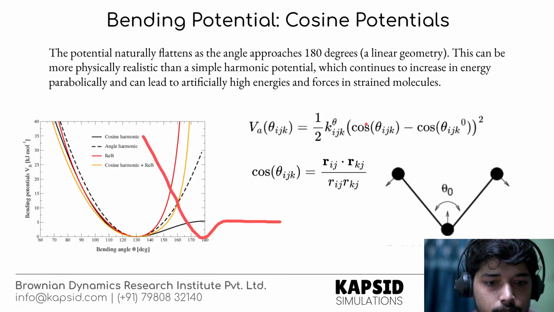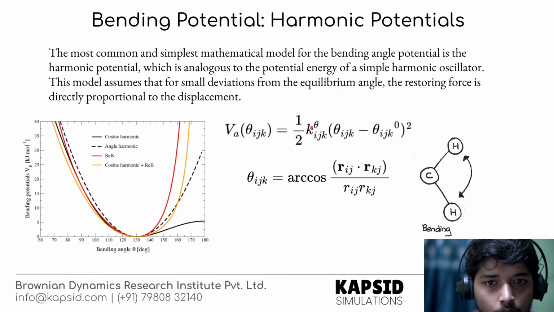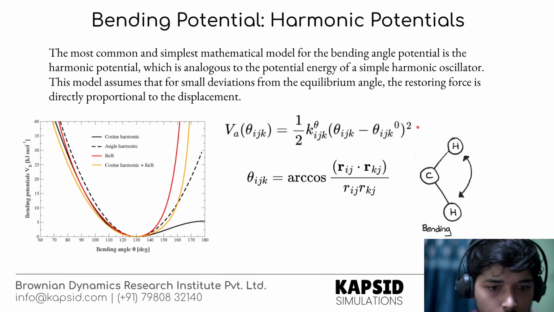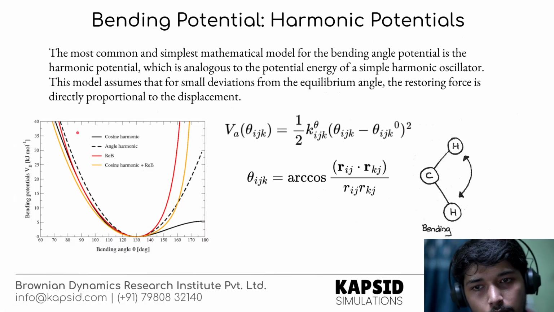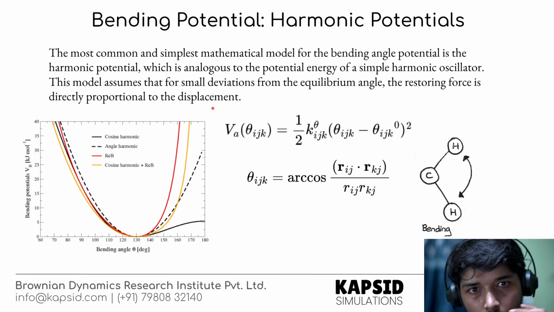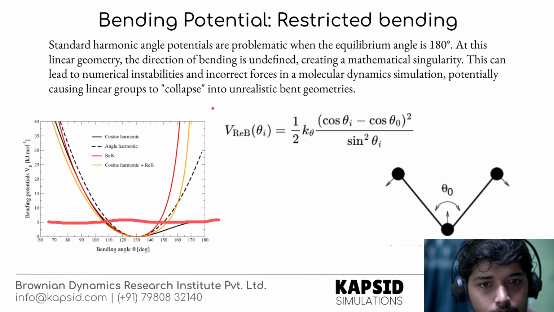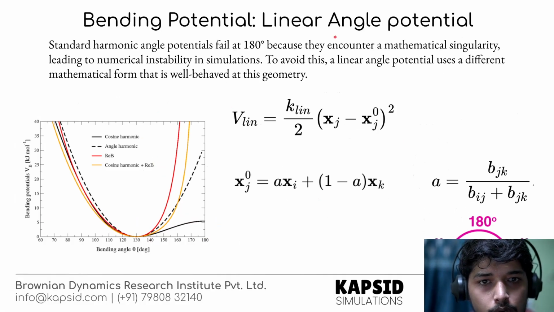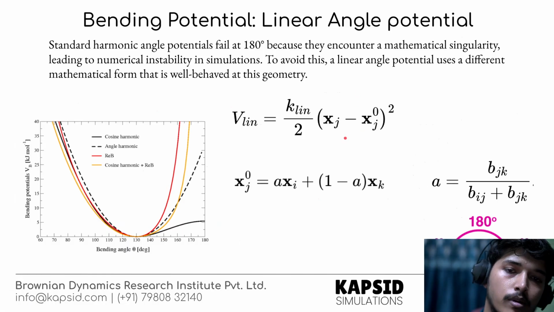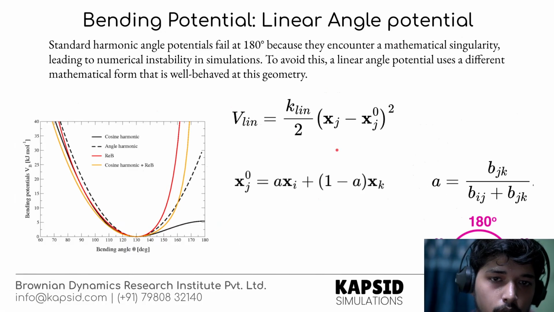The harmonic potential is k by 2, and then there is something we are subtracting, and then square. That's the basic general harmonic term. Now coming to the linear angle potential, this looks exactly the same in terms of the overall function.